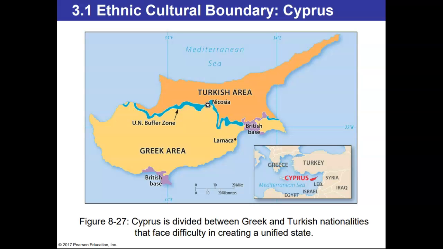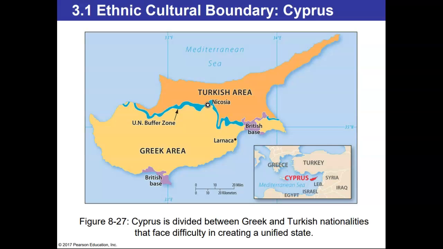The northern 36% of the island, which is controlled by Turkey, declared itself independent as the Turkish Republic of Northern Cyprus in 1983, but technically only Turkey recognizes this as a separate state. So the international community does not recognize the Turkish area as an independent state.